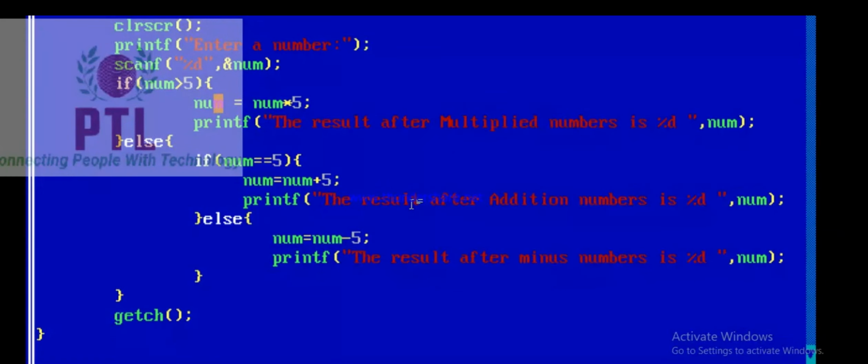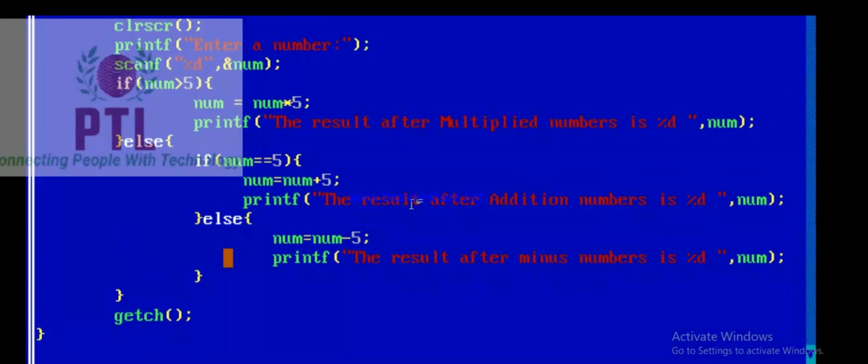Then I'll give a number less than 5. That number will have 5 subtracted from it. So let me give 4, which becomes minus 1. Correct?